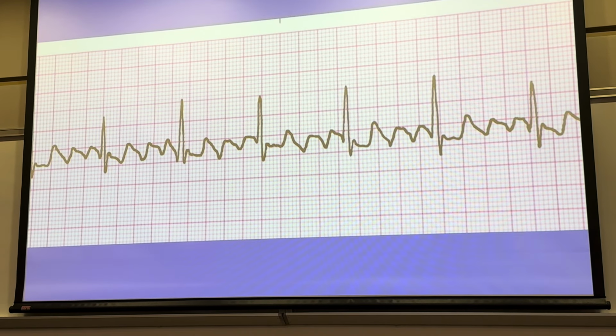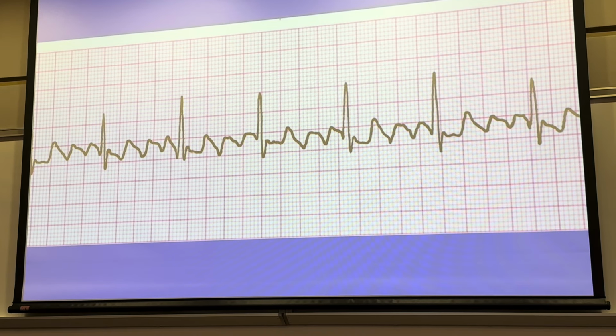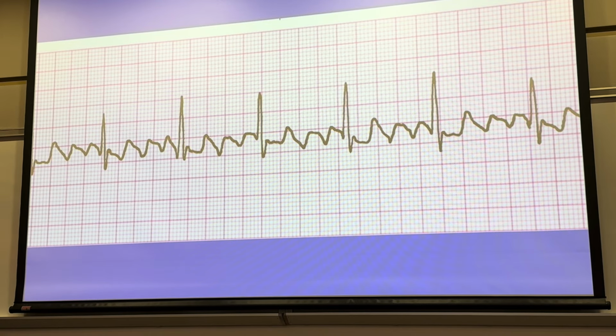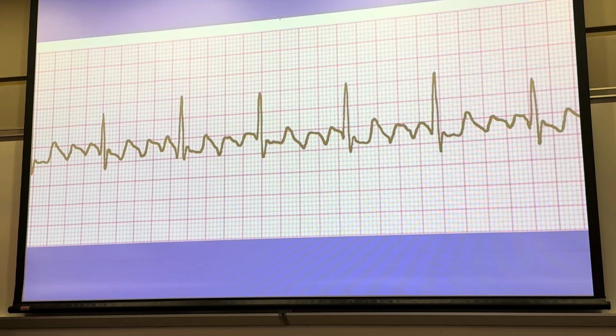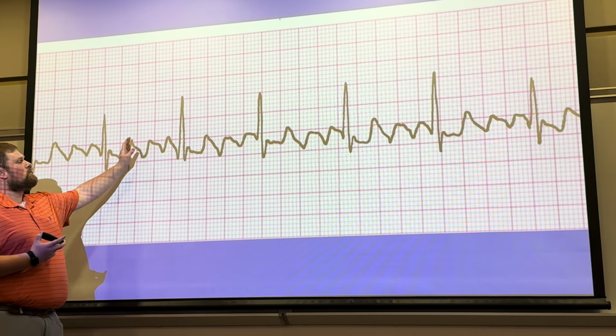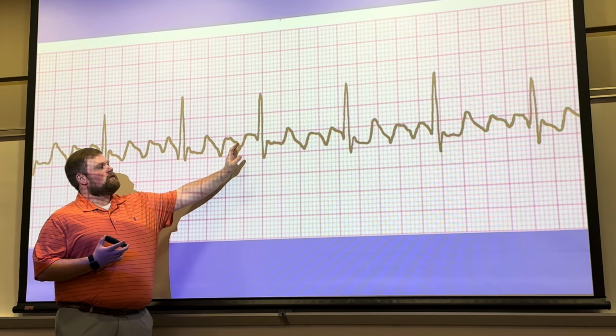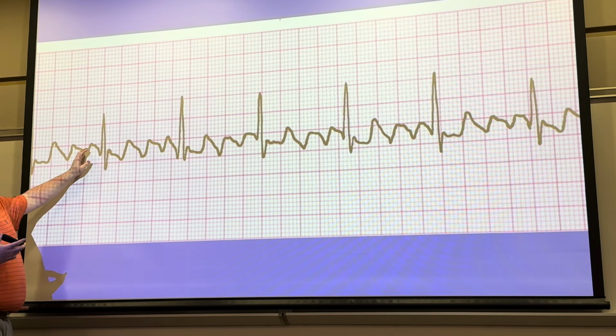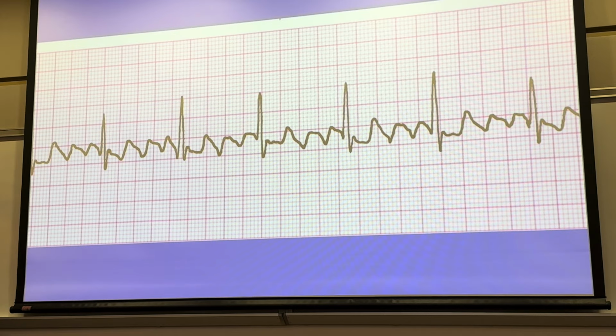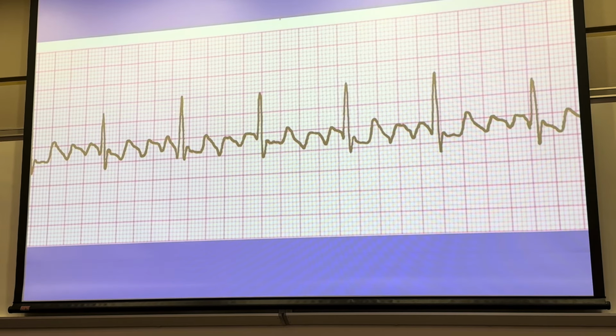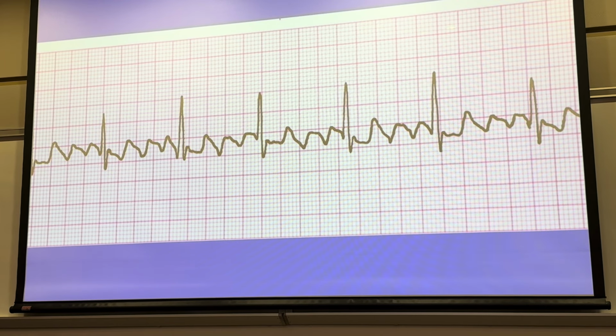Sam, what do I have? A flutter? How do you know? Sawtooth pattern, that's a classic sign. So we have this real sawtooth, sharp-tooth looking appearance in our P waves. And then your A flutter is going to have more consistent spacing between your QRS complexes. It's going to be a more regular rhythm compared to that AFib.